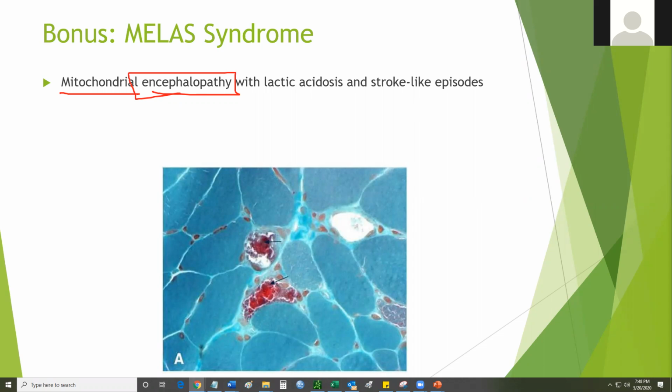We talked about lactic acidosis. Lactic acidosis is the buildup of lactic acid without being able to reuse it. And then stroke-like episodes. Like you would see someone have a stroke, this is stroke-like episodes. The reason it's a stroke-like episode is because they can potentially resolve themselves.